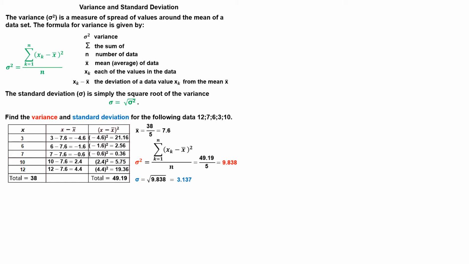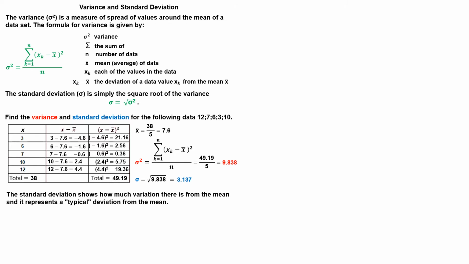The point of the previous example is to familiarize you with the process of computing standard deviation. The standard deviation shows how much variation there is from the mean, and it represents a typical deviation from the mean. Standard deviation is only used to measure spread or dispersion around the mean of a data set.